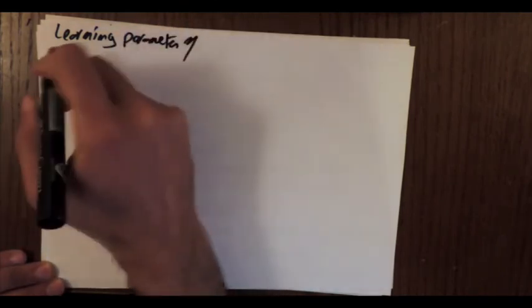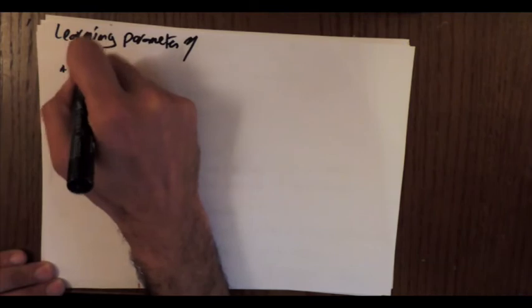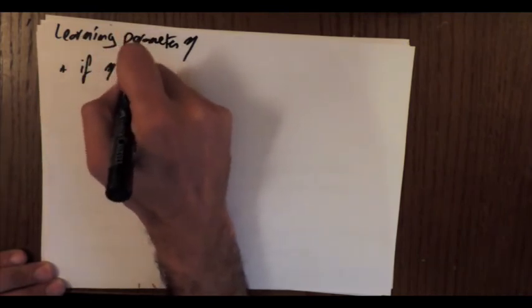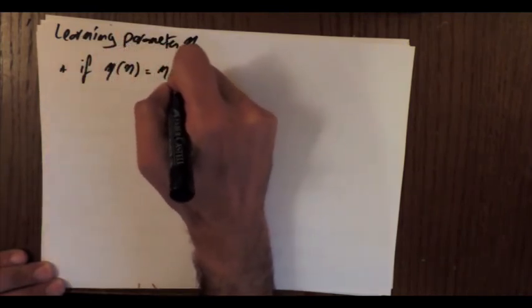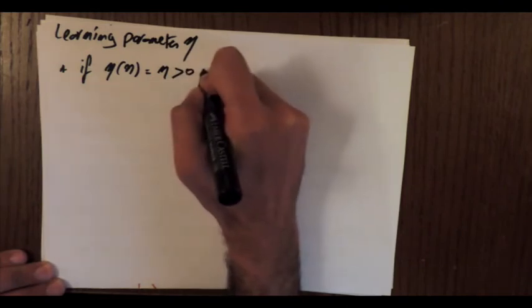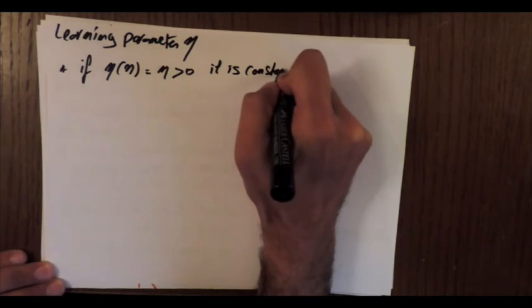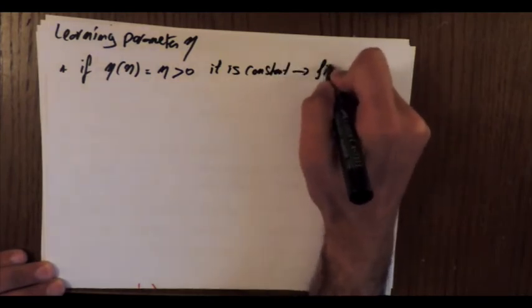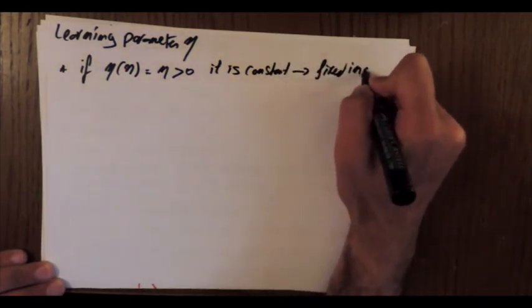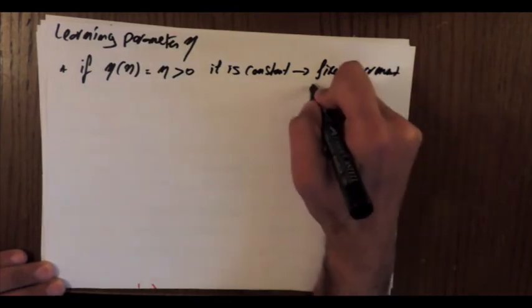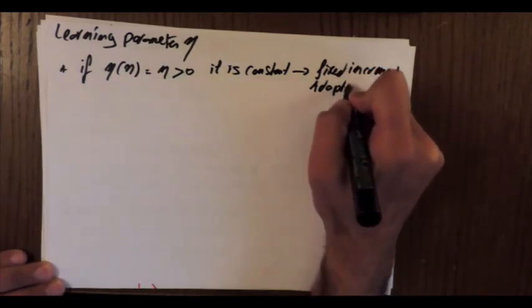Eta. So if eta of n is equal to a constant greater than 0 for all iterations, then we have a fixed increment adaptation rule.